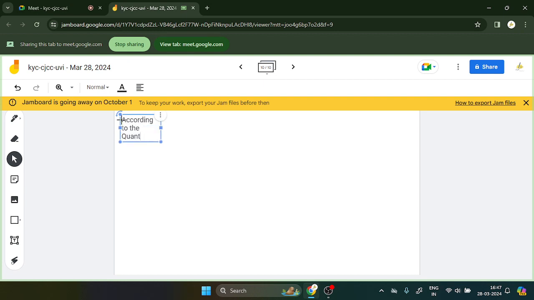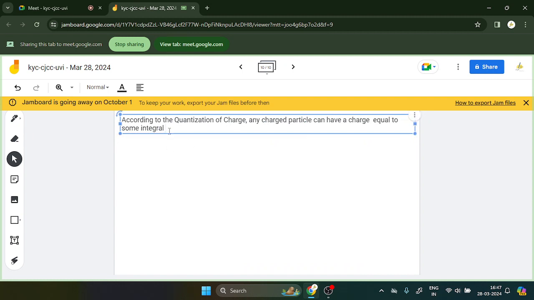According to the quantization of charge, any charged particle can have a charge equal to some integral number of e, or I can say Q equals Ne. Where the value of N will be how much?